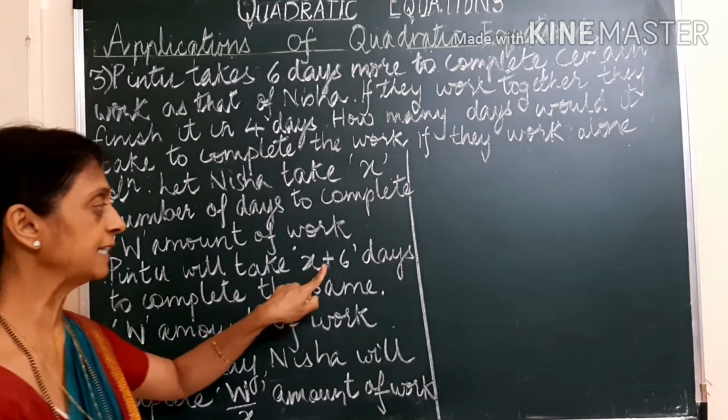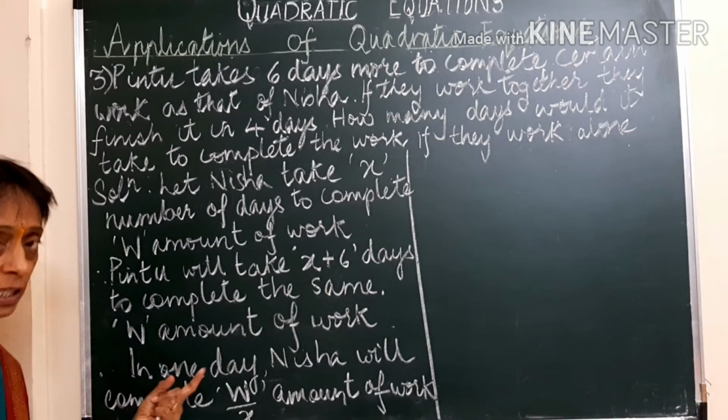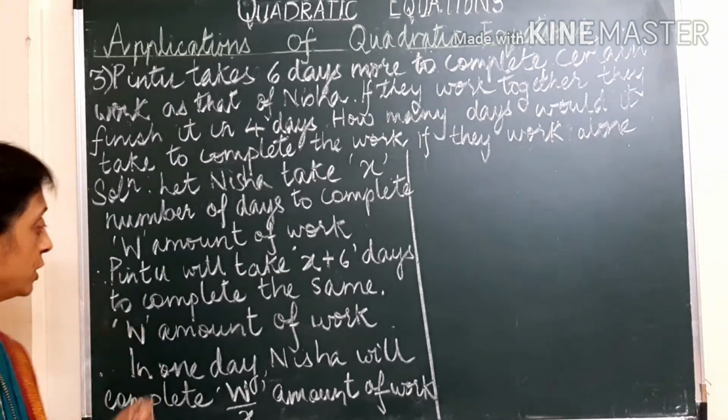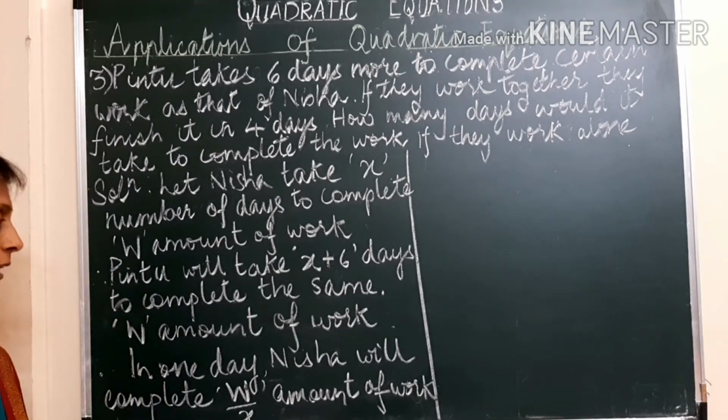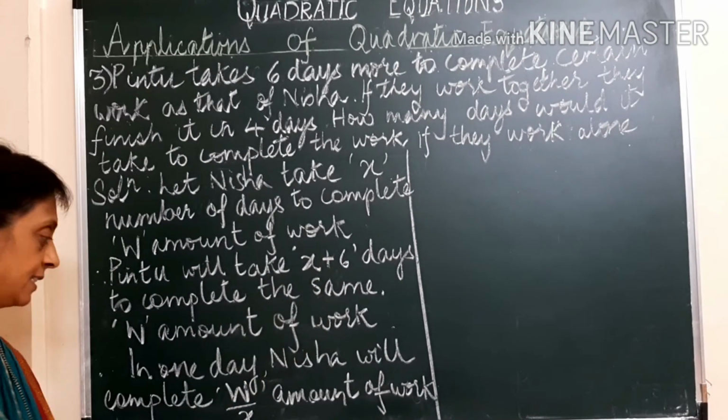Similarly, how much will Pintu complete? If Pintu takes x plus 6 days to complete W amount of work, then in one day, how much will Pintu complete? Pintu will complete W upon x plus 6.